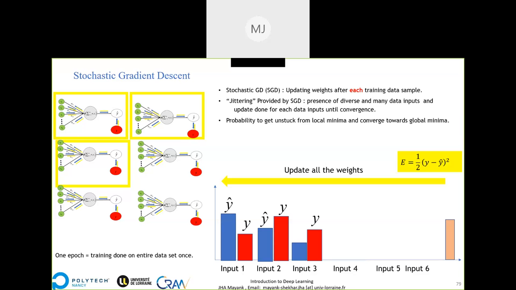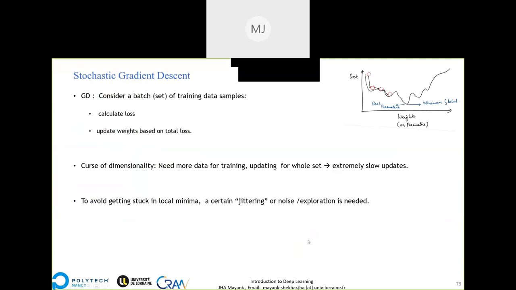So we are adding stochasticity, adding a certain probability that the error at input 3 might be very large compared to the error at input 2. What's happening here?